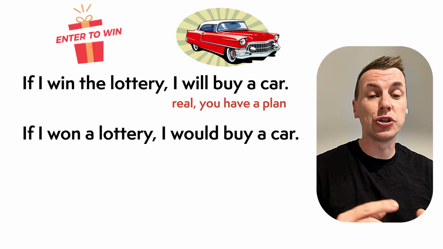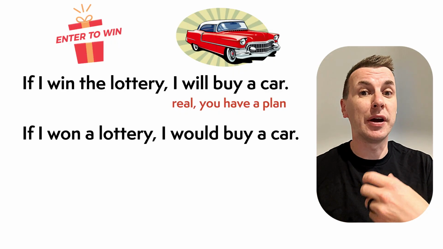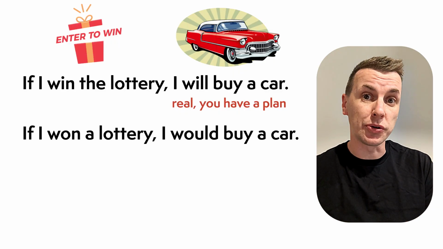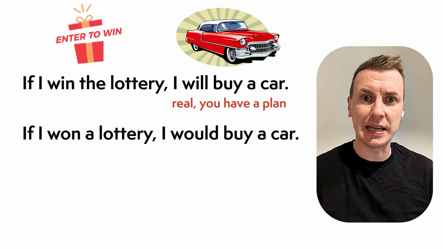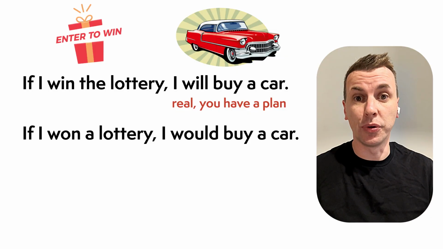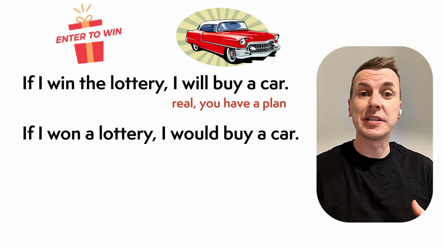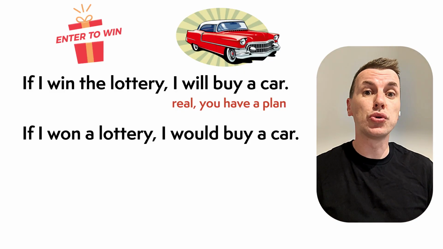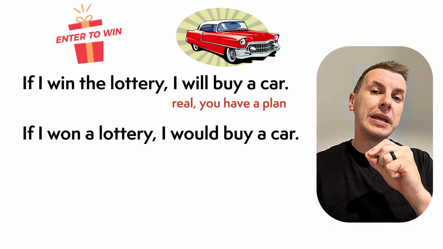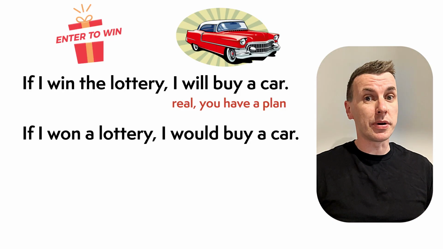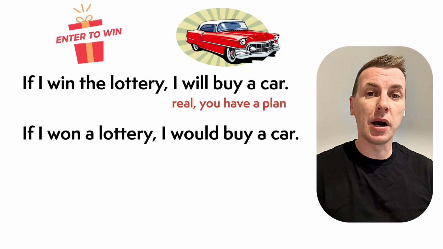Now we change it to a past tense. If I won a lottery, past simple, or you can use past continuous if necessary. Then we put a comma there, and instead of will, we use would. Then we use the infinitive here. So if I won a lottery, I would buy a car.